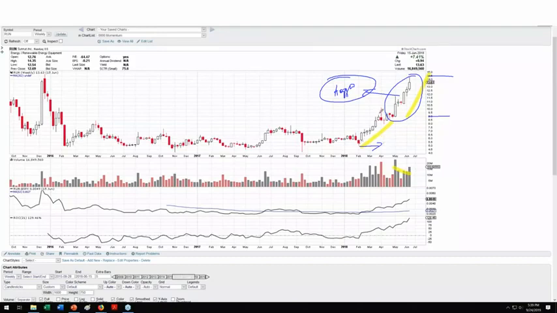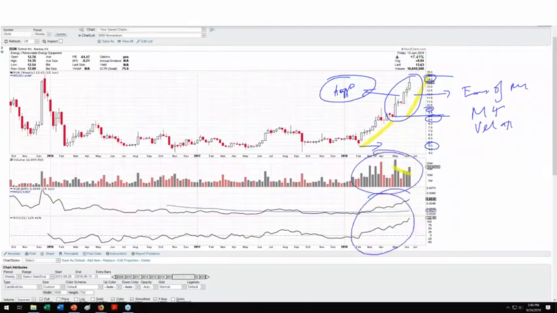Took 2 months to go from $5 to $10. That's $5, and then from 9 to 14, the same $5. But we traveled there in like a month and 1 week. So ease of movement, momentum is increasing, velocity is increasing. We are seeing all of the positive signs.